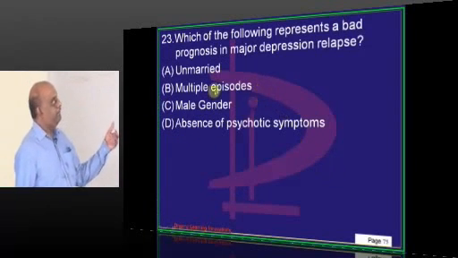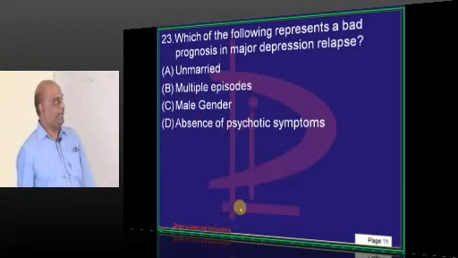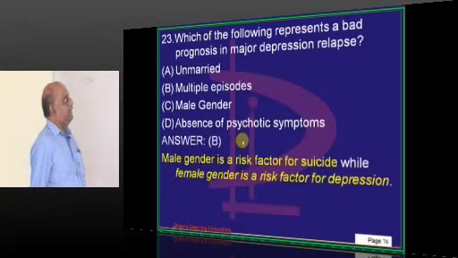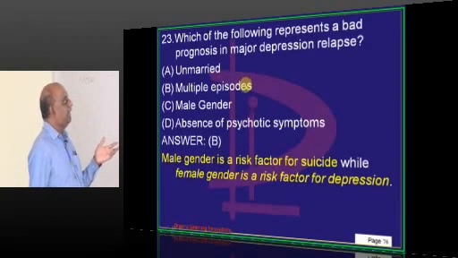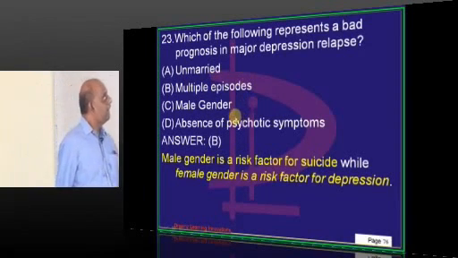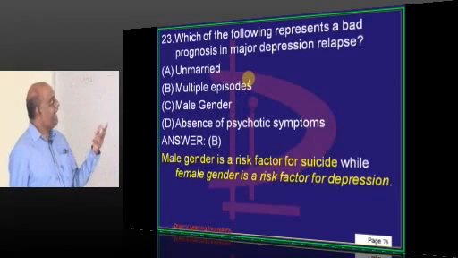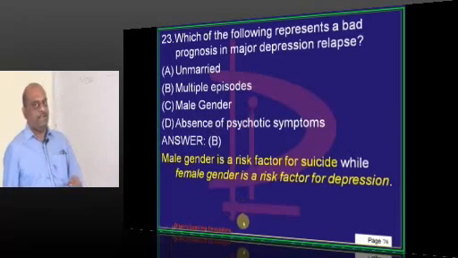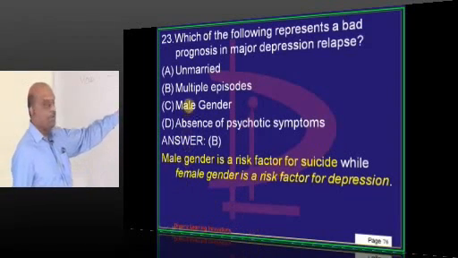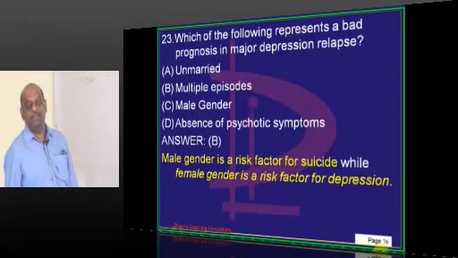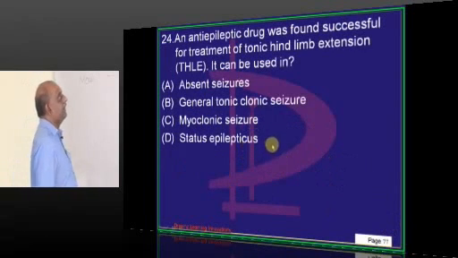Then what is the bad prognosis in major depressive disorder? Basically, multiple episodes is what needs to be remembered for relapse, and male gender is a risk factor for suicide with depression. For relapses, the major predisposing factor is multiple episodes.